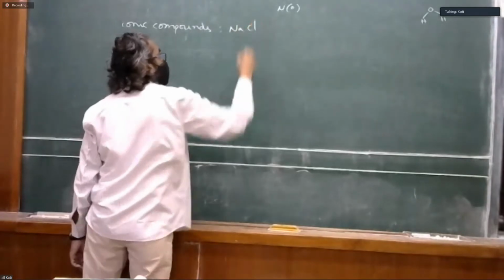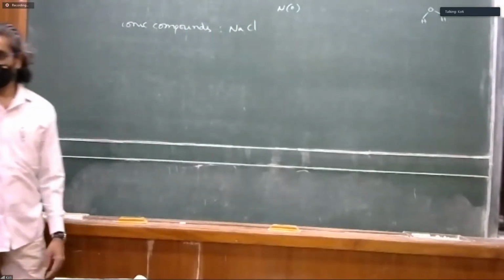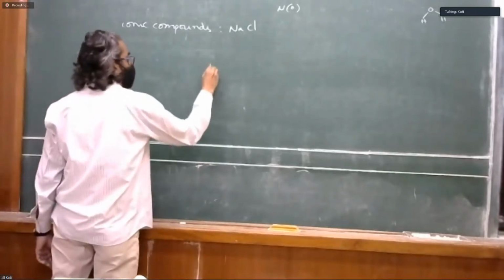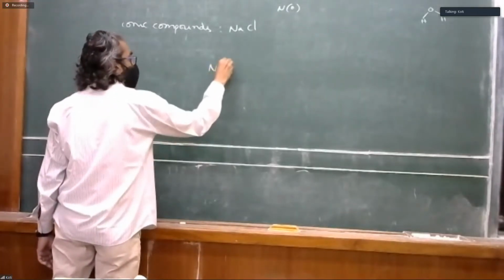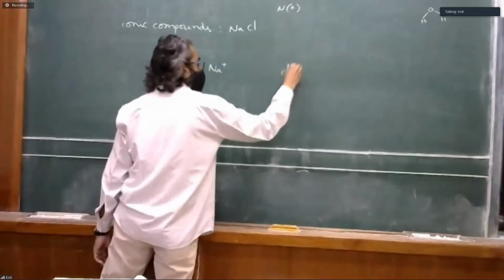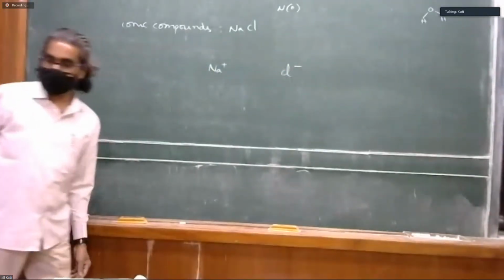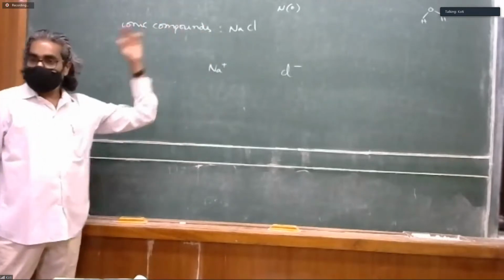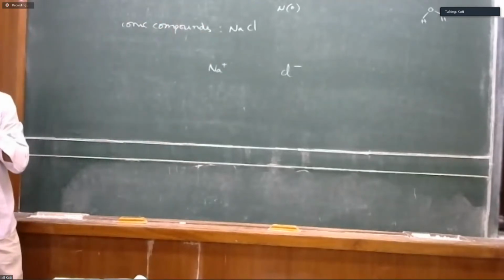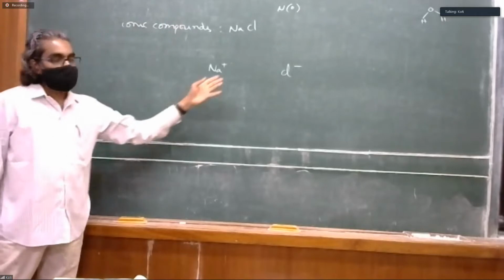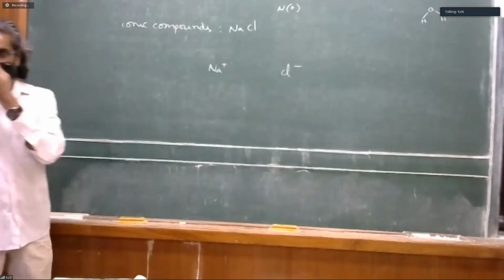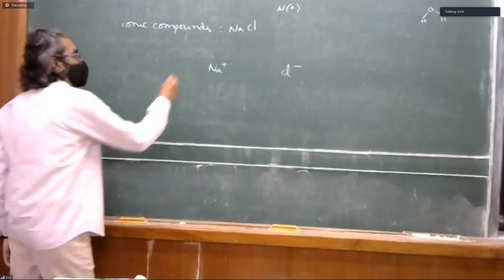If you take a pinch of sodium chloride and put it in water, it will dissolve into sodium plus and chloride minus. Sodium chloride is a solid, and when you put it into water they dissociate, and these dissociated ions are stabilized by water molecules.